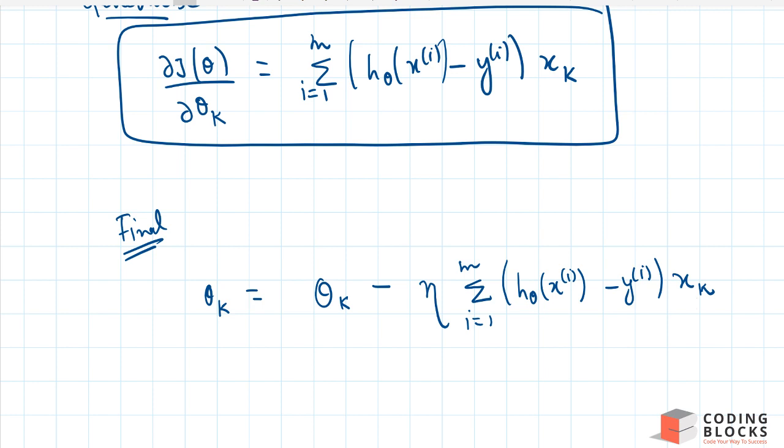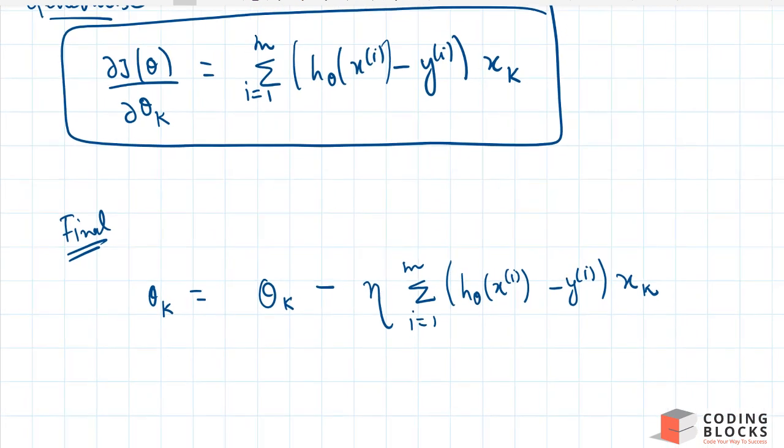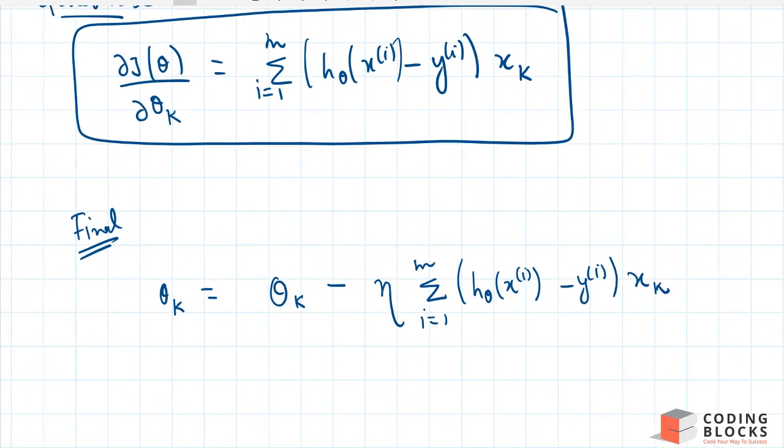This is the update rule that we will use, for the ith example, the kth feature and the kth theta.